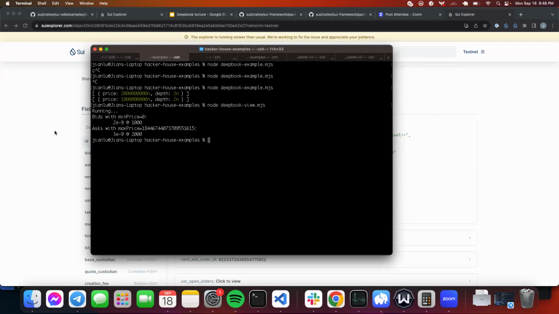Oh, cool, great. You guys can all use it in Deep Book.